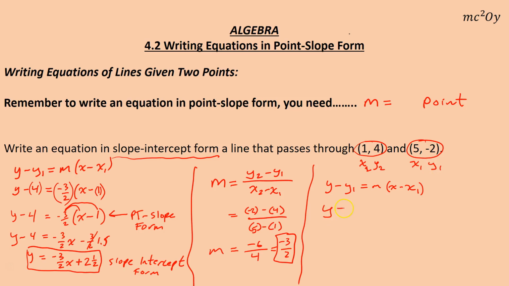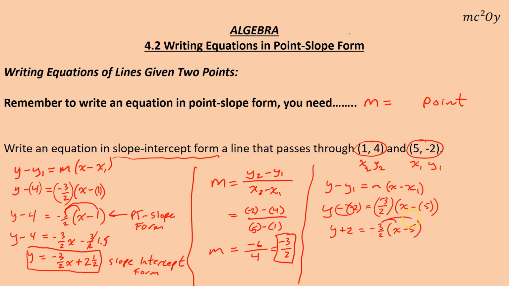At that point, you go y minus -2 equals -3/2 times x minus 5. And this double negative gives you a positive, so it's y plus 2 equals -3/2 times x minus 5.